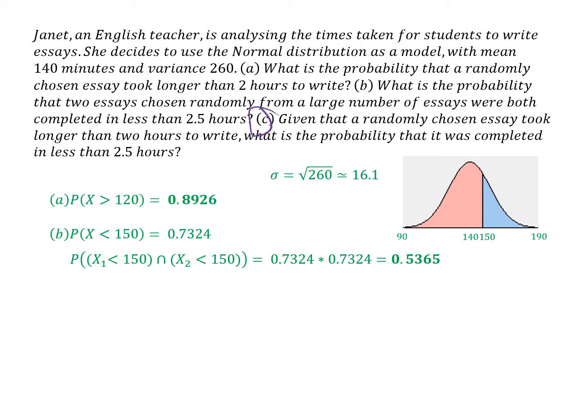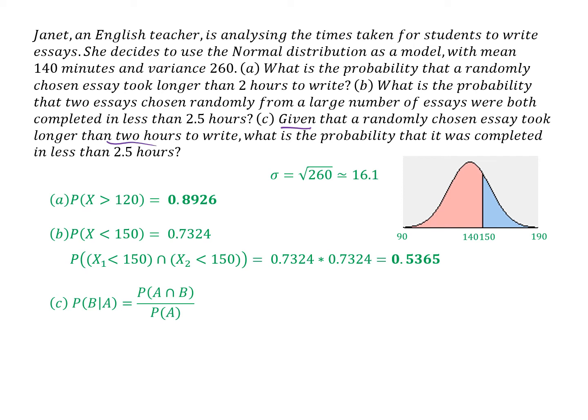Okay, for part C, we're looking at a conditional probability. We're given the randomly chosen essay took longer than 2 hours to write. So we need the formula for conditional probability. So there it is. Now, what is our A and our B in this case? Well, we're given that the randomly chosen essay took longer than 2 hours.